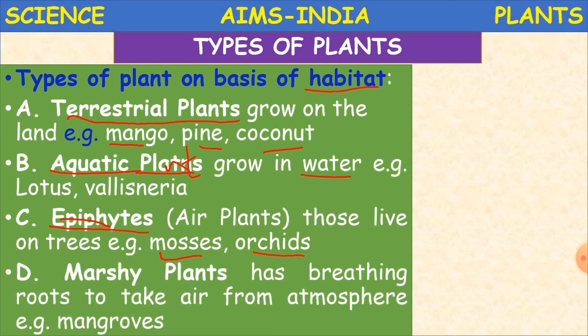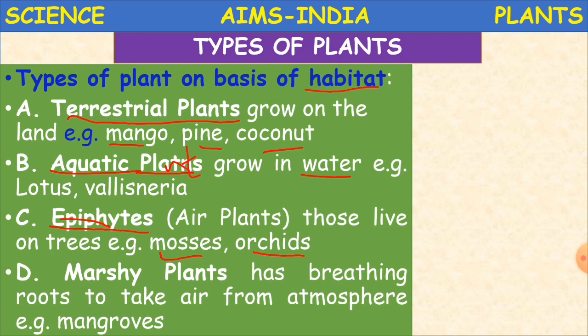Okay, now marshy plants. So what are marshy plants? Marshy plants have breathing roots to take air from the atmosphere. So what is a marshy area, children? An area which has got very soft and wet land. Okay, the sand is very soft and it is wet.